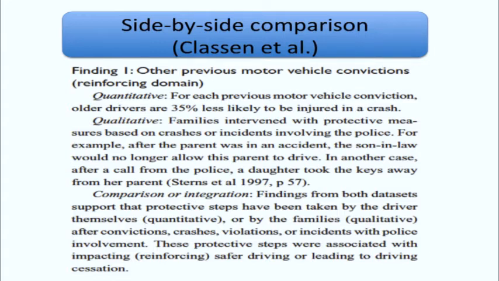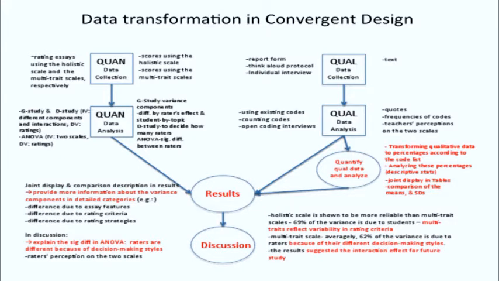So they are actually putting side by side in a results section. Typically this is found in a discussion section of both the quantitative and qualitative results, so you can actually see if they converge or diverge. A second is to transform data. Now this is a study where the individuals gathered quantitative and qualitative data and analyzed both forms of data, but they took the qualitative results and transformed it into numbers.